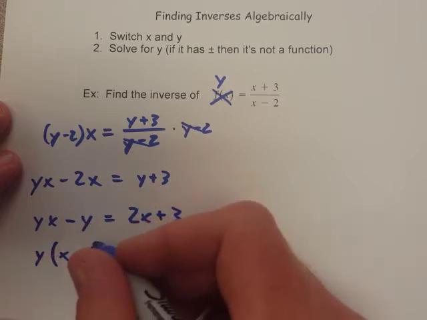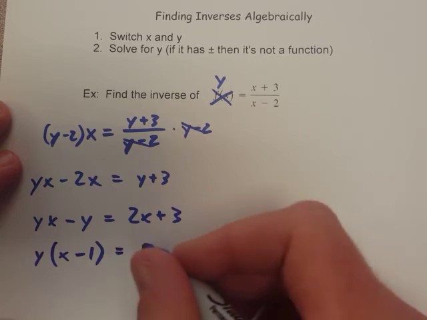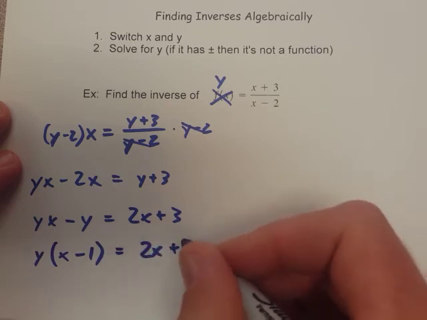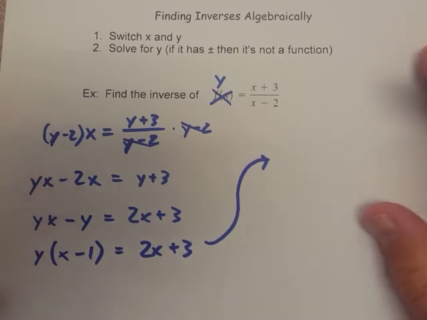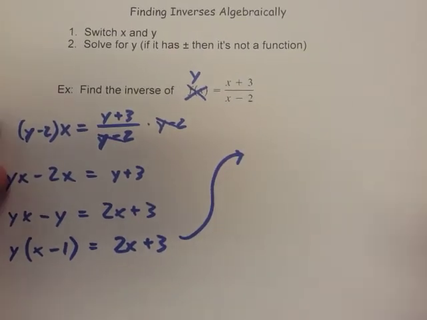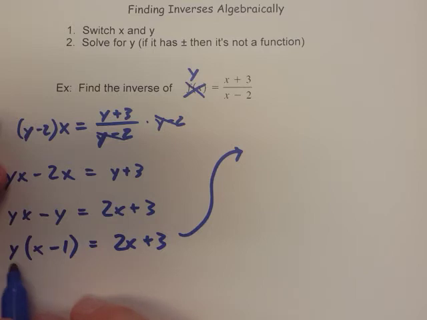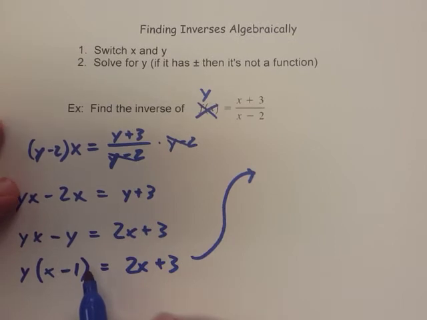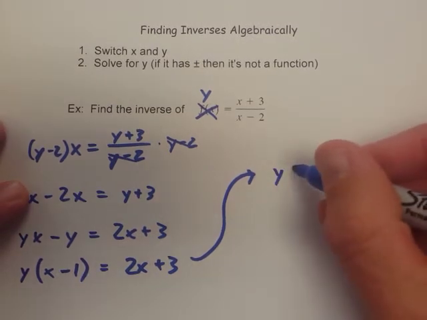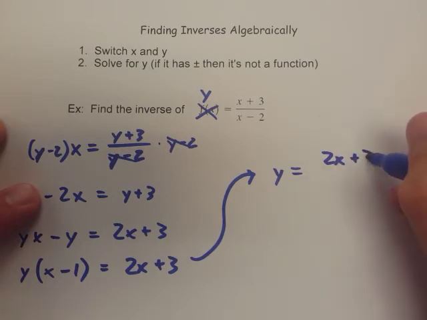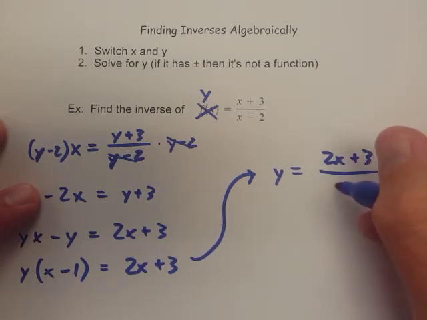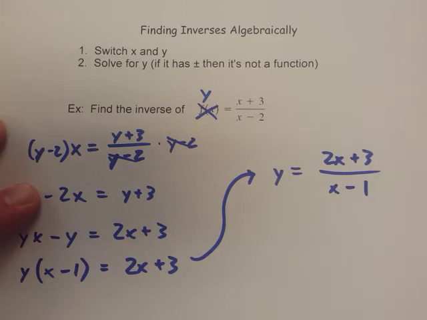We don't leave a 0 there, but it's going to be x minus 1, and then over here we have 2x plus 3. We're almost done, because now y is just in one spot. We can divide both sides here by this entire chunk, by that factor, and so now we can say that y equals 2x plus 3 divided by x minus 1.